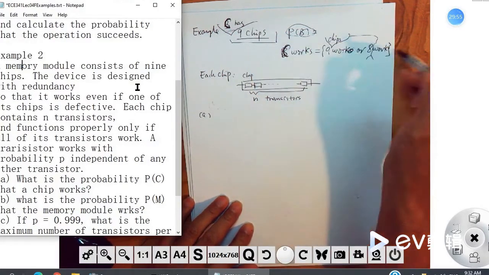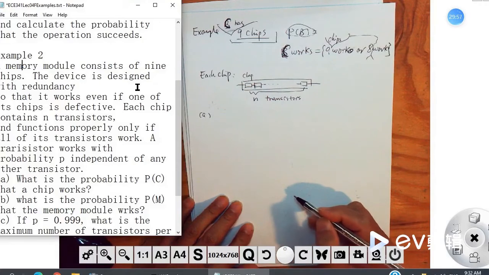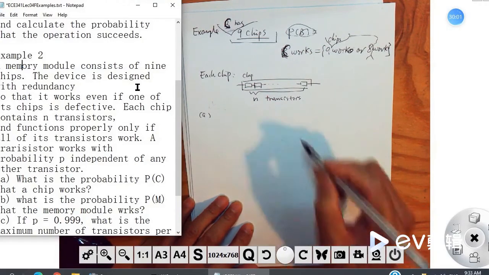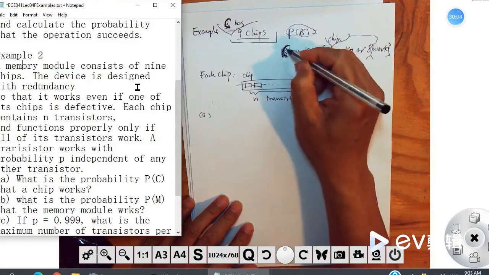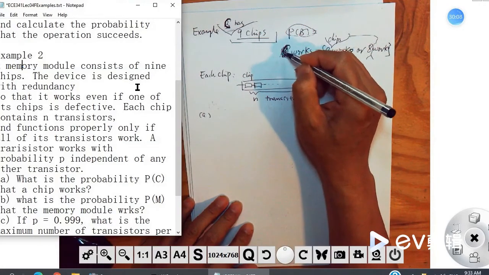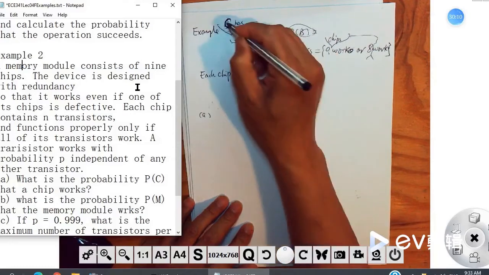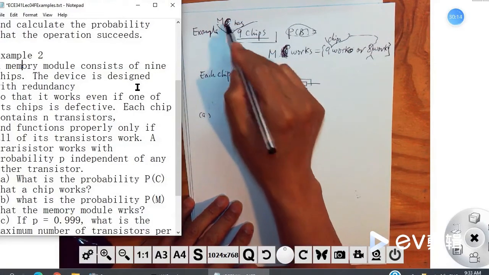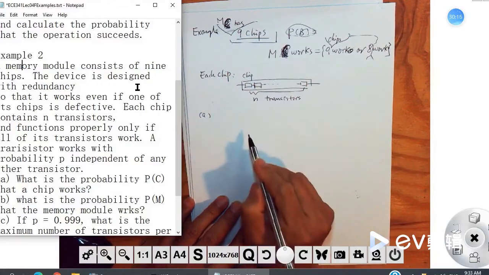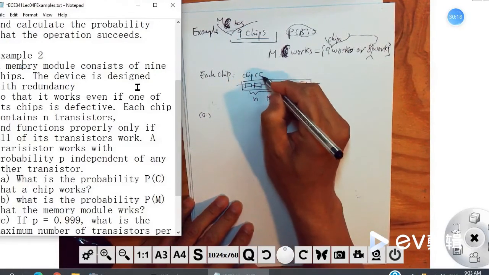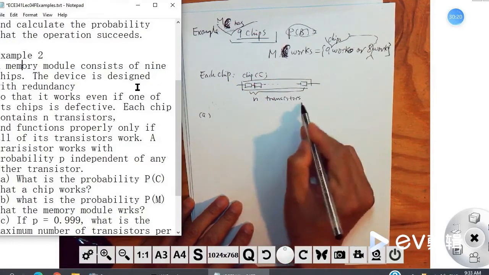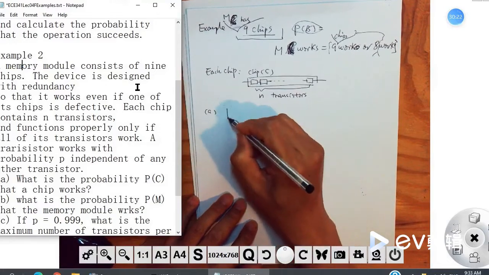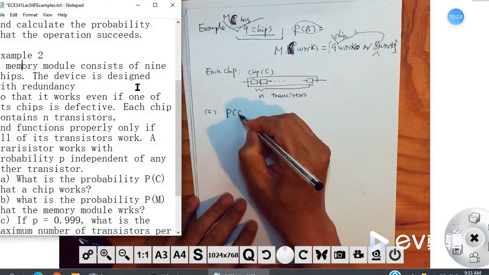This is the name C. And this is B, still M, memory. M has 9 chips, and each chip C has N transistors. And we want to know the probability that C works.